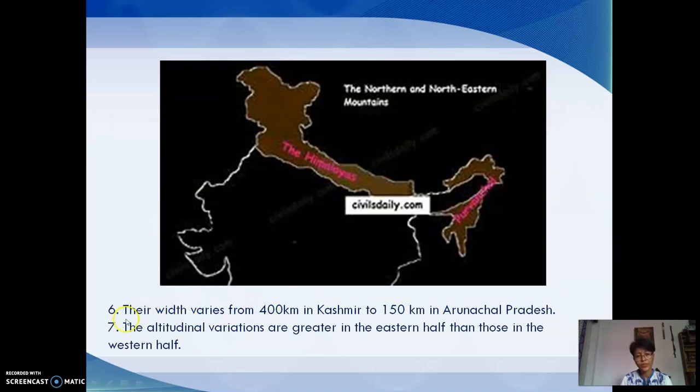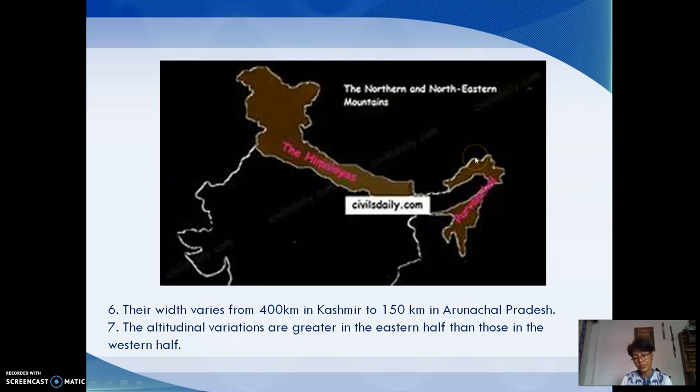Next, sixth point. Their width varies from 400 km in Kashmir to 150 km in Arunachal Pradesh. Now you see the location of the Himalayas from west to east, which is colored brown. You can imagine, looking at the location of the Himalayas, the width on the western side and the eastern side.